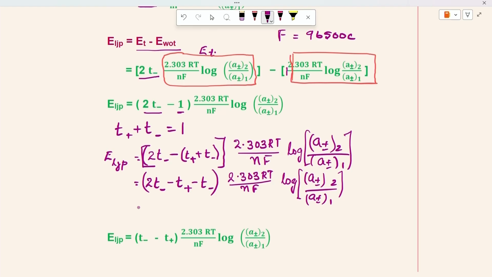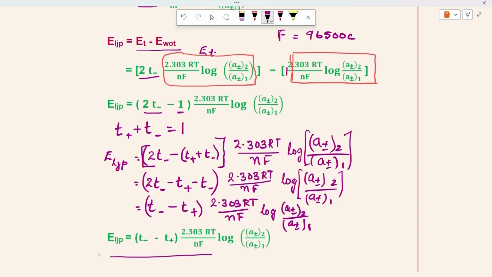So, this becomes T minus T plus, and the rest of the equation as such. So, that is the expression ELJP is equal to T minus T plus 2.303 RT by NF log mean ionic activity of 2 divided by mean ionic activity of 1.